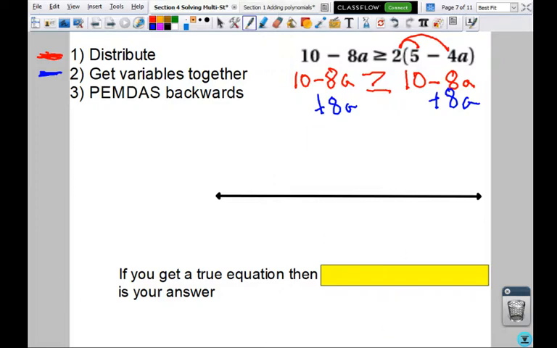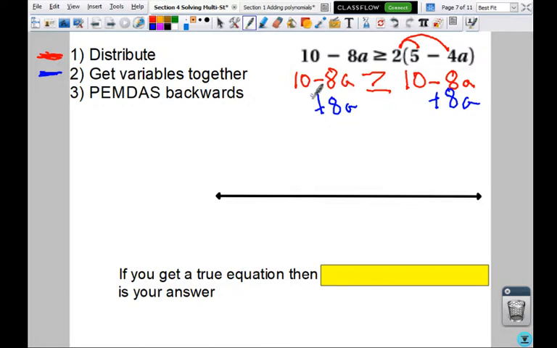So, I am going to add 8a to both sides. Trayton, what happens right here with minus 8a plus 8a? Is it a negative? So negative 8a plus 8a, what do you get? 0, right?